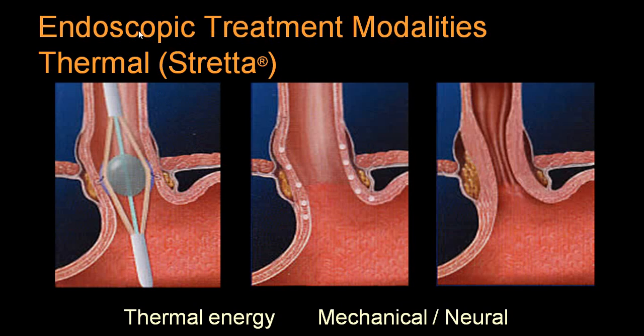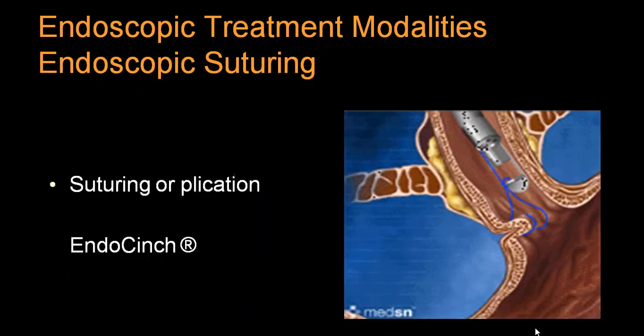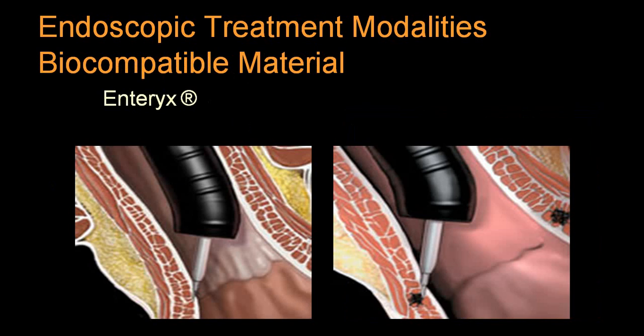You can go for endoscopic treatment, which can be done at the level of the lower esophageal sphincter, either by thermal energy or mechanical or neural treatment. So endoscopic suturing and endoscopic plication are treatments which can be done in a case of a lower esophageal sphincter problem. Biocompatible materials are also being utilized for the lower esophageal sphincter.